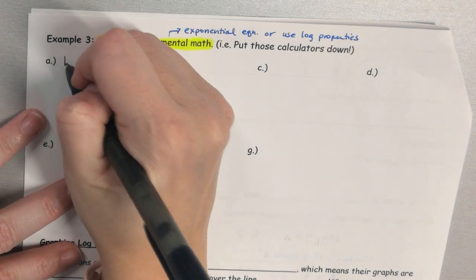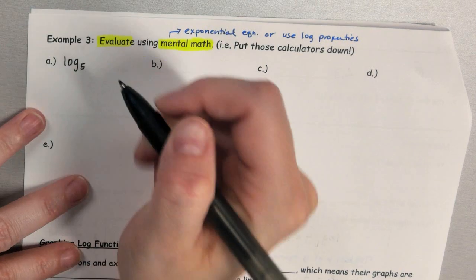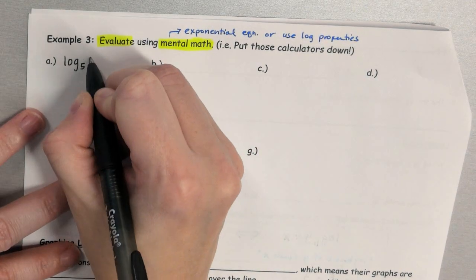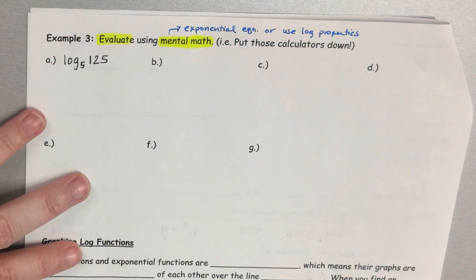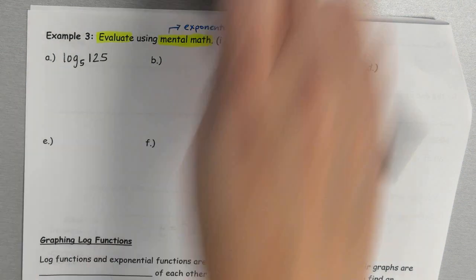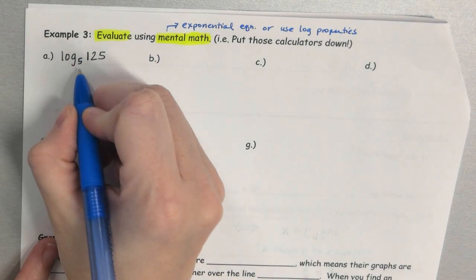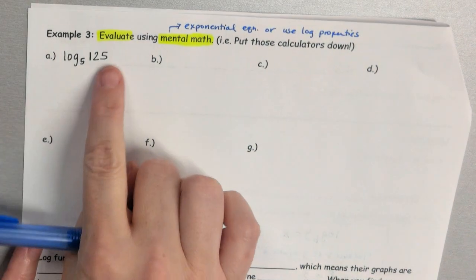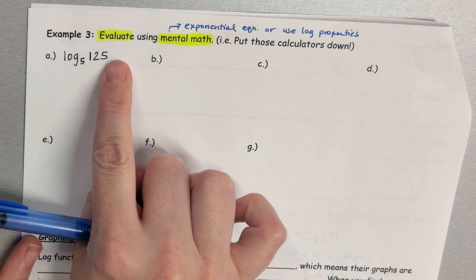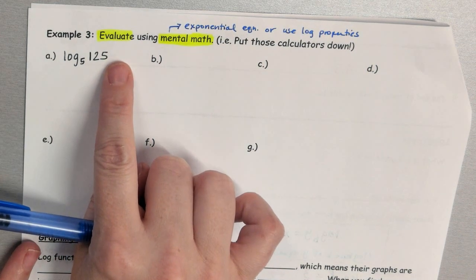So the first one is log base 5 of 125. The first thing I would have you do here is set up the exponential equation. Now, it's not equal to anything, so you can think of it as being equal to x.